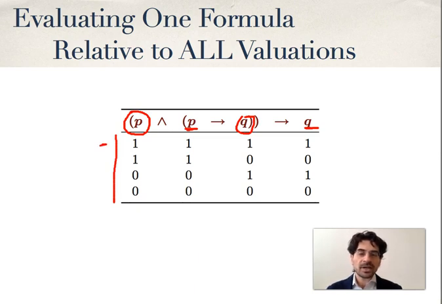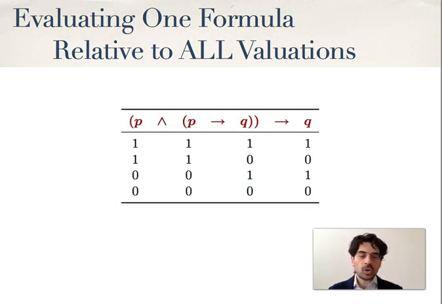According to the first valuation function, we assign value 1 to both P and Q. According to the second, we assign the value 1 to P and the value 0 to Q. According to the third, we assign the value 0 to P and the value 1 to Q. And finally, the fourth is such that we assign 0 to both P and Q. These are all the possible valuation functions relative to the two atomic propositions that constitute this formula.